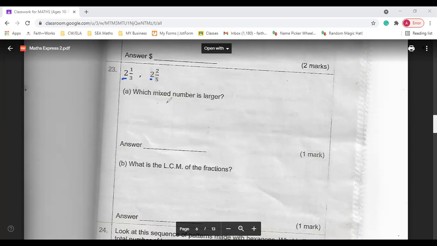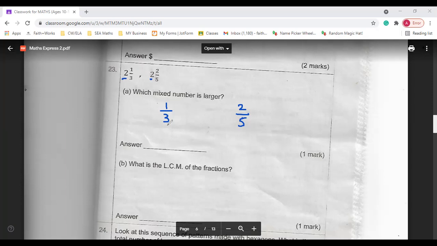So let's compare the fractions, a third and 2/5. We could compare them either with the LCD method, like how you would add or subtract fractions with unlike denominators, or we could even change them into decimals. You could do that as well.